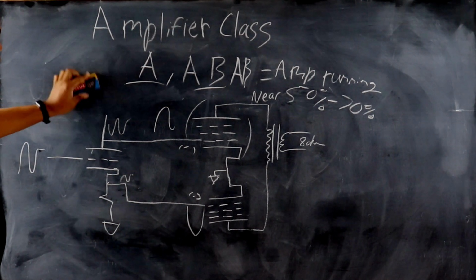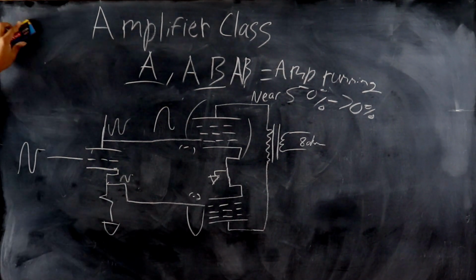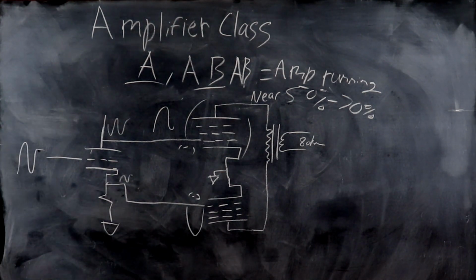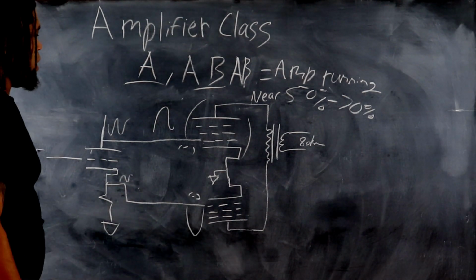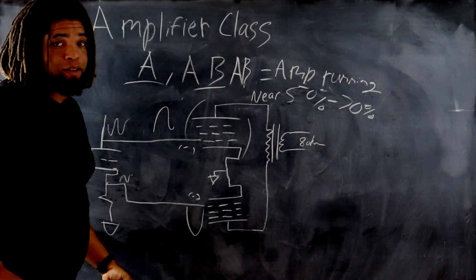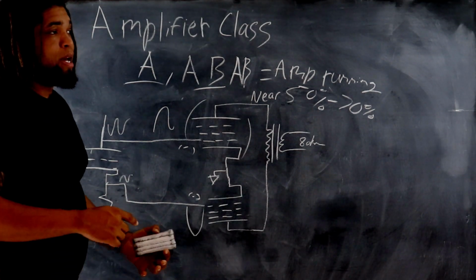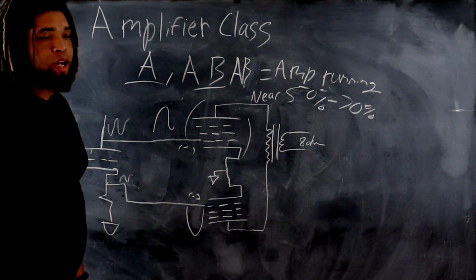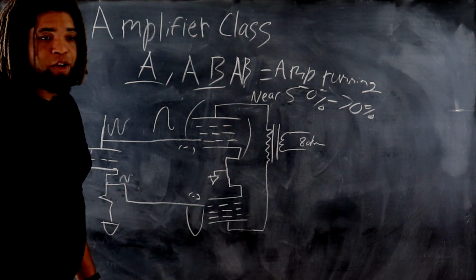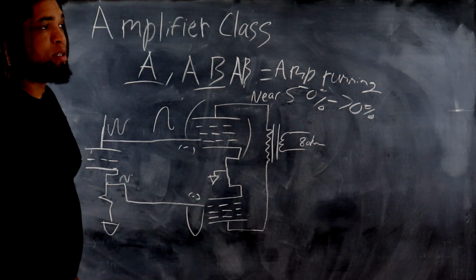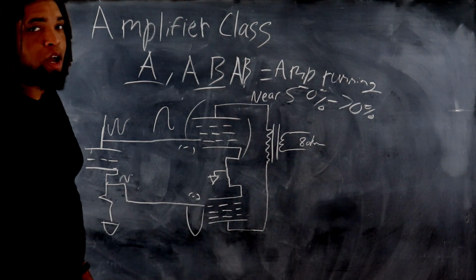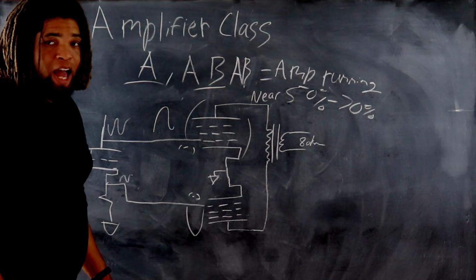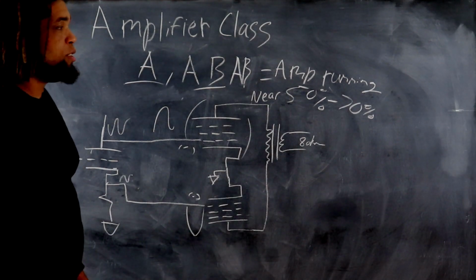So that's something to pay attention to in a Class AB design. But other than that, they're fairly efficient, and that's actually what has dominated not only the vacuum tube high-end audio realm, but also the transistor high-end audio realm, and just basic amplification in general if you're talking about instrument amplifiers or anything else.